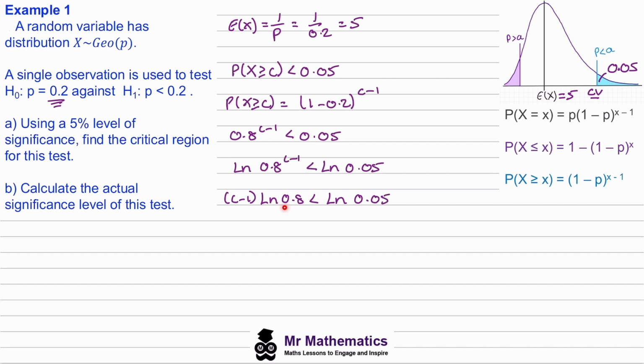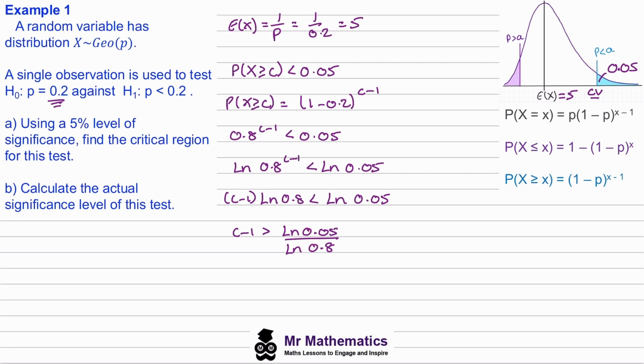And then we can divide both sides by the natural log of 0.8. But we know this is a negative. And because we're dividing by a negative, we need to change its sign. So c minus 1 will be greater than the natural log of 0.05 over the natural log of 0.8.